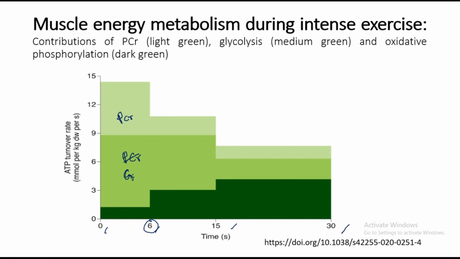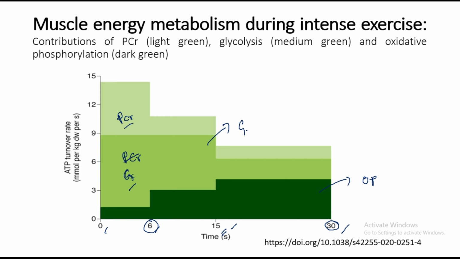Glycolysis gives up its maximum yield here. Up to 6 seconds we have phosphoryl creatine and glycolysis contributing major energy turnover or major yield of ATP, whereas up to 15 seconds glycolysis plays a major role, and up to 30 seconds the majority is contributed by oxidative phosphorylation.